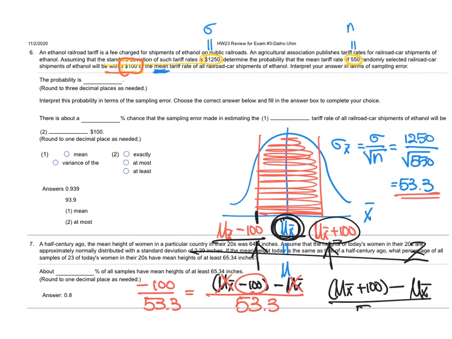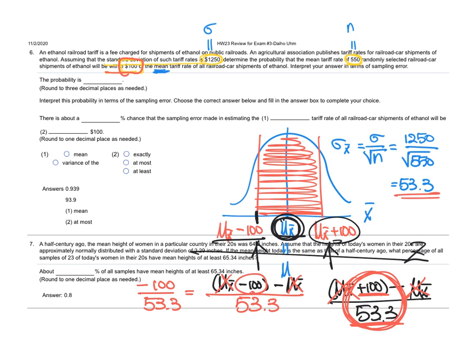And divided by the 53.3. So without the mean, the bigger one is a positive 100 divided by the standard deviation 53.3. So let me take the left one, negative 100 over 53.3.